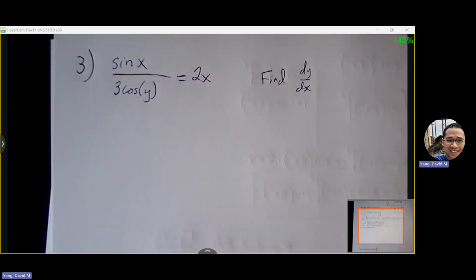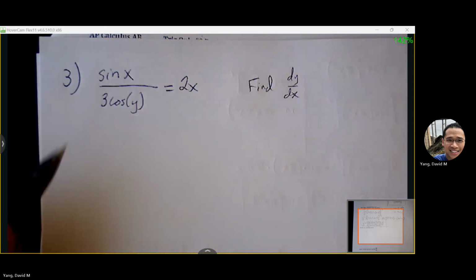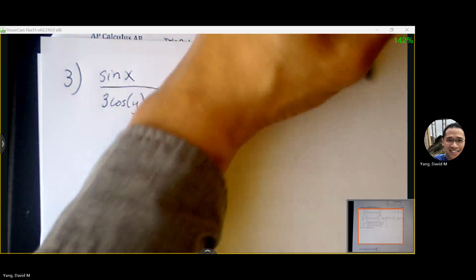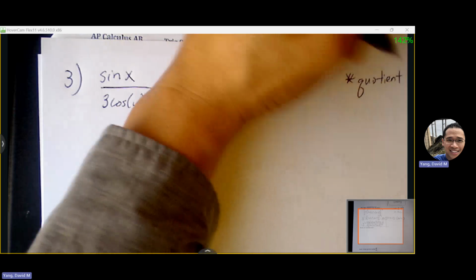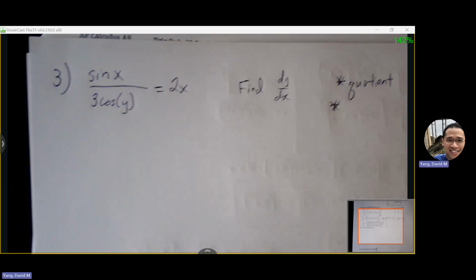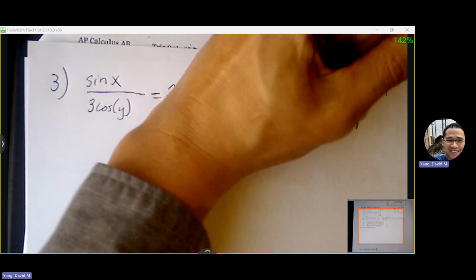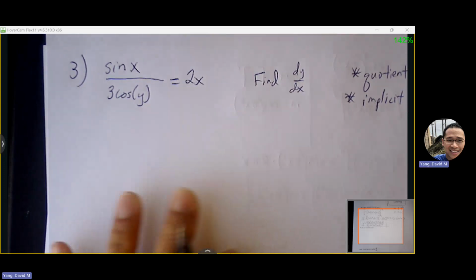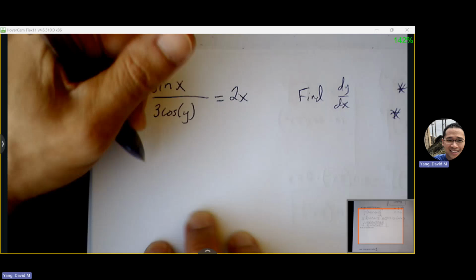What's involved? Okay, numerator, denominator. Got quotient, right? What else? Implicit, yeah. You see it's not y equals, right? This is y kind of mixed into the equation here, so we know we have to keep track of our dy dx that's going to pop up along the way. Okay, so we'll do quotient rule on the left side here.